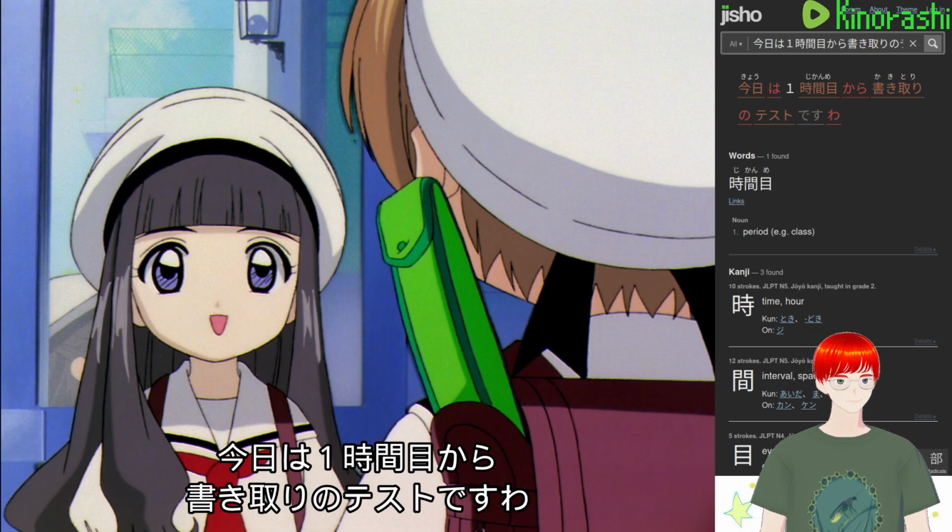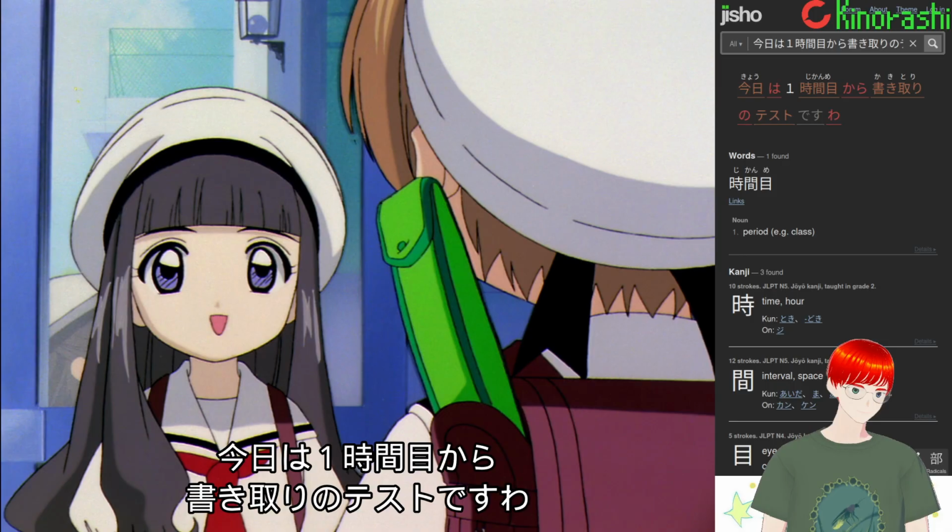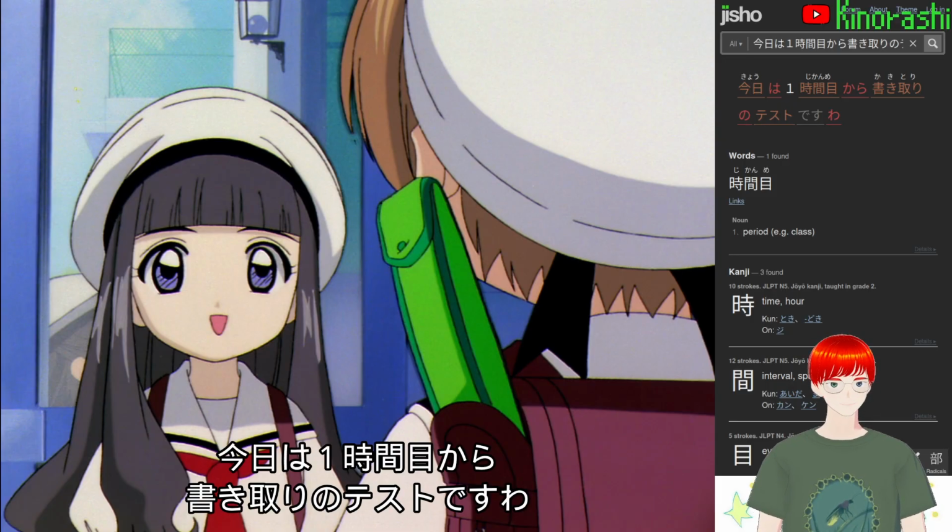Wait, is kakitori a spelling test or is it copying text you hear or see written? Okay. Kakitori encompasses both meanings depending on the specific context.